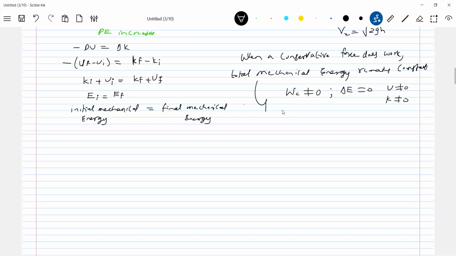That is the law of conservation of mechanical energy. So potential and kinetic energy will change, but the overall mechanical energy of the system remains the same.